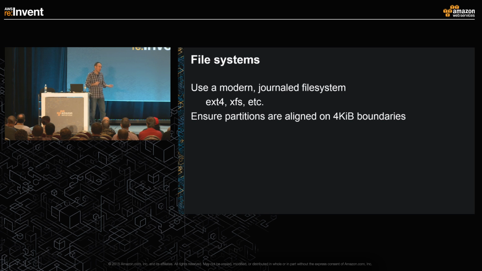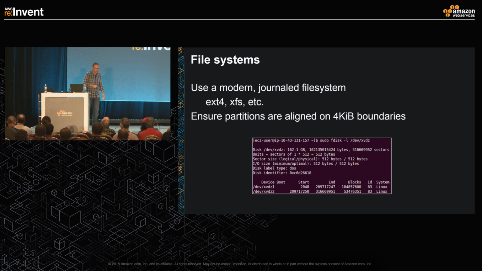And when your partitions are not aligned, EBS has to read at least one more page to service your I/O request. We'll still probably deliver the IOPS that you expect, but the latencies on those transactions are going to be higher. And so what does that look like? There's tools in both Windows and Linux. DiskPart is the tool in Windows that's a command line tool to manage your partitions, and fdisk in Linux.